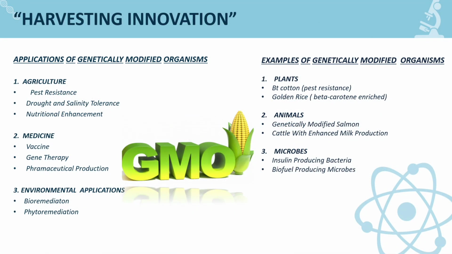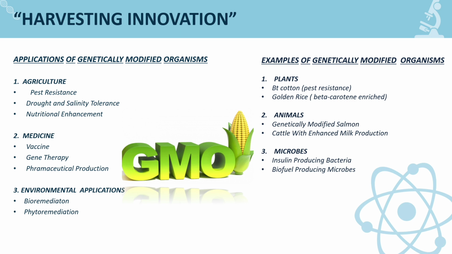Moving on to the applications and the examples. The first application is in agriculture, where we have pest resistance, drought and salinity tolerance, and nutritional enhancement. Like in pest resistance, you are modifying the genome or the DNA of the plants so that they become genetically resistant to the insects that destroy the crops, right?